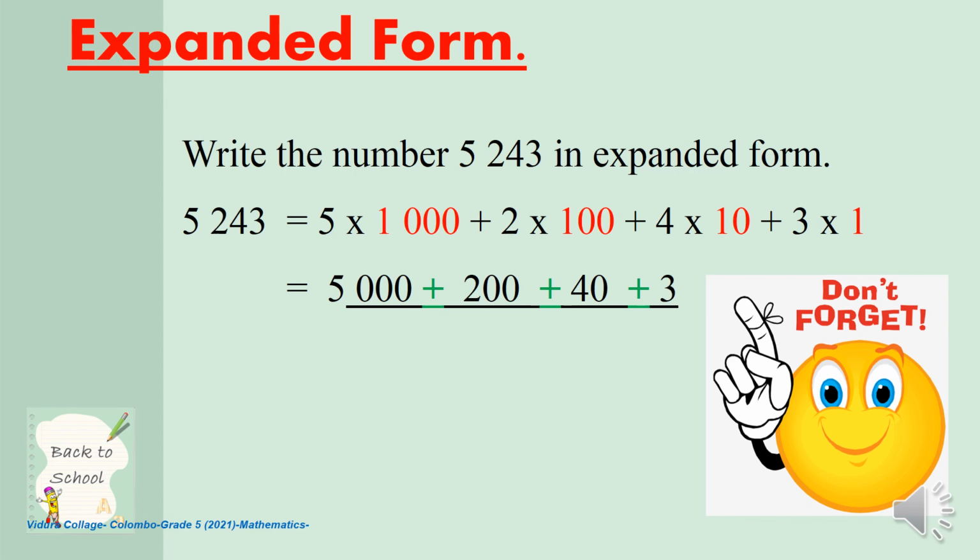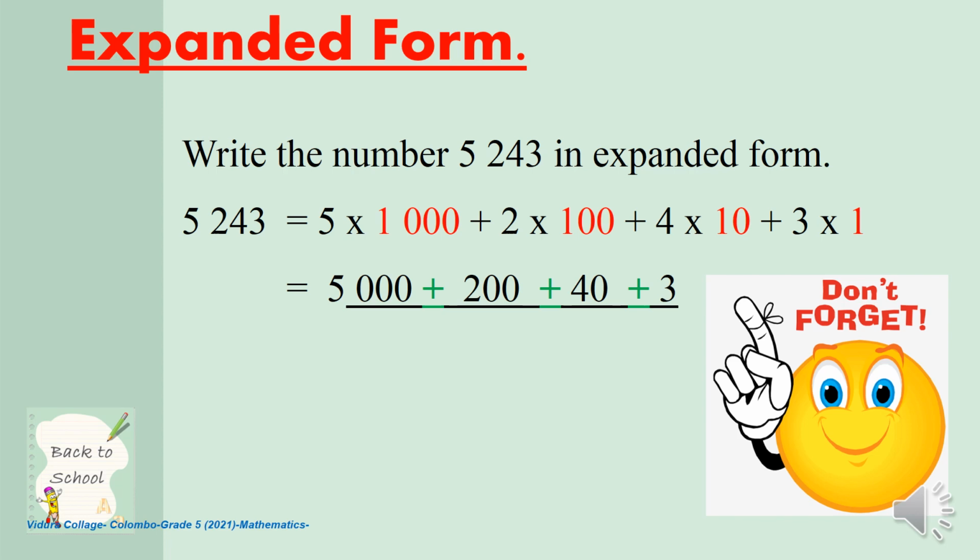Expanded form. When you expand numbers, you should know the place values of each digit in the number. And of course, you are learning the values of each digit in the number. You need the values and the place values to form the expanded form. So the number given here is 5243.